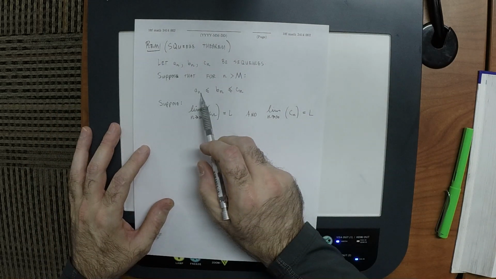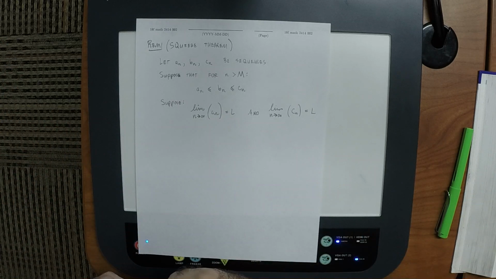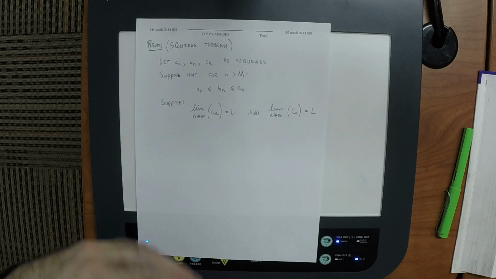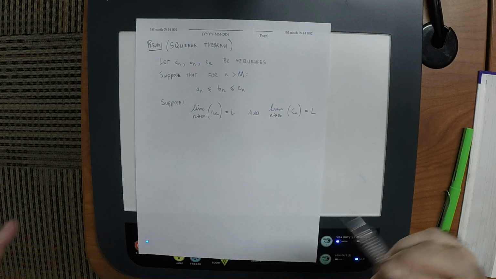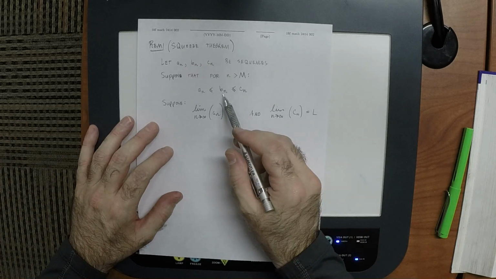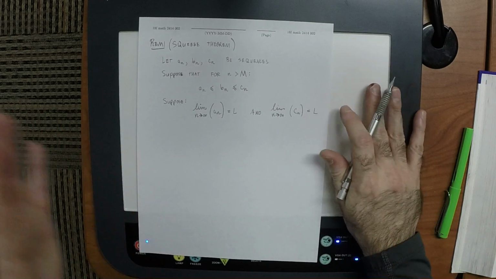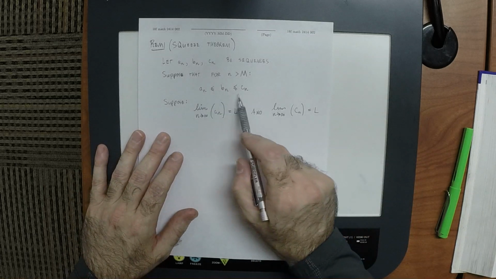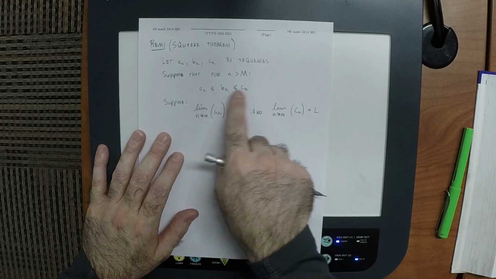And furthermore, at first, A's, B's, and C's can be doing any old wild thing. They can be in any order that you like. Maybe A is the biggest one for a long time, and maybe some of the time B is the smallest. But eventually there comes a point where they remain in this order.